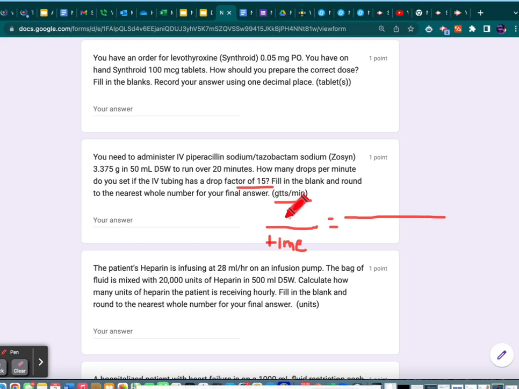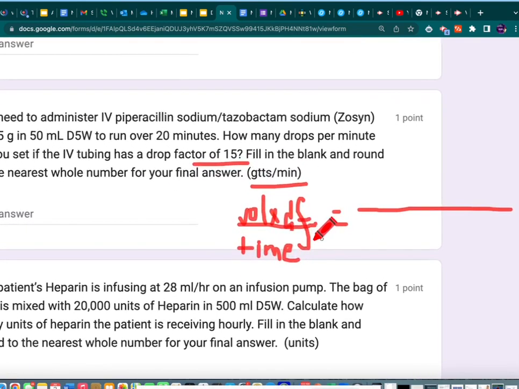And you have the drop factor. Let's just put DF, all right? And volume is first. Let's just put VOL. Apologies for this terrible handwriting, but this is just your reminder, okay? And that's going to help you there.